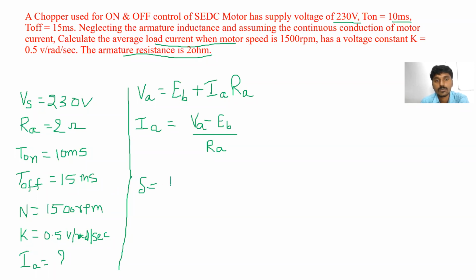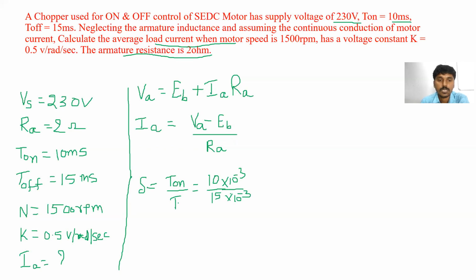Delta is equal to T on upon capital T. That is T on is equal to 10 divided by 15, into 10 to the power of minus 3 if you want to convert to seconds.